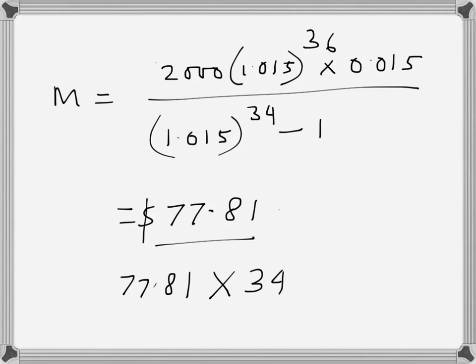And if we do the multiplication, it becomes $2645.54. So that is the amount repaid. The loan amount was $2,000 and the amount repaid was this one.